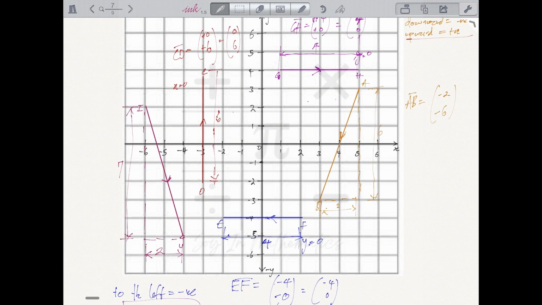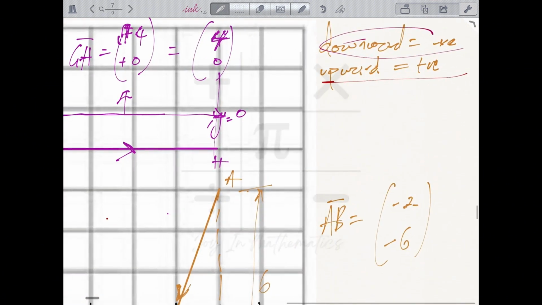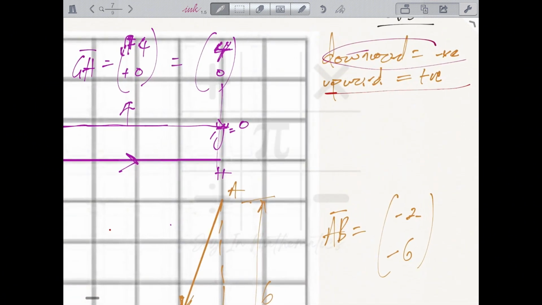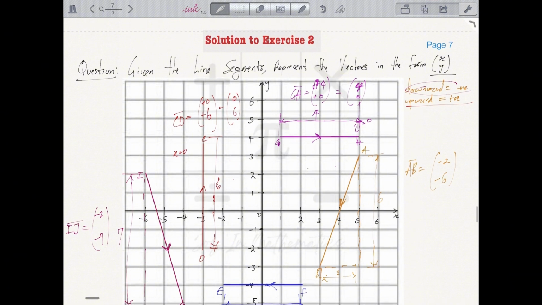So our vector IJ has 2 units on the x-axis and 7 units on the y-axis. Is it going upwards or downwards? We can see that it is going downwards. Downwards shows that it is negative, just as upwards is positive and downward is negative. So the x and y components will have negative values. So IJ is equal to (-2, -7).